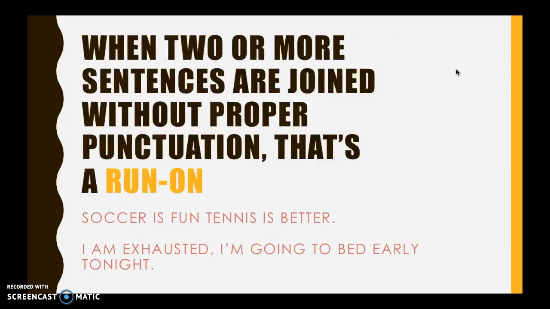The opposite problem happens when two or more sentences are joined without proper punctuation. That's a run-on. There are two examples here. One is "soccer is fun, tennis is better." The other is "I am exhausted, I'm going to bed early tonight." In both of those bad examples, you have two complete sentences that are joined without any punctuation or with improper punctuation.